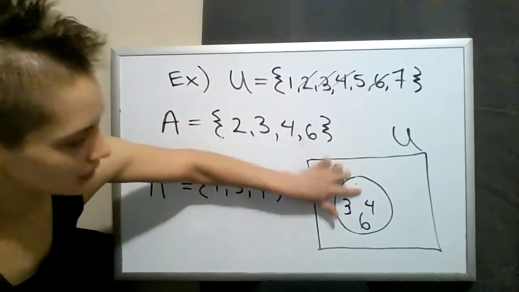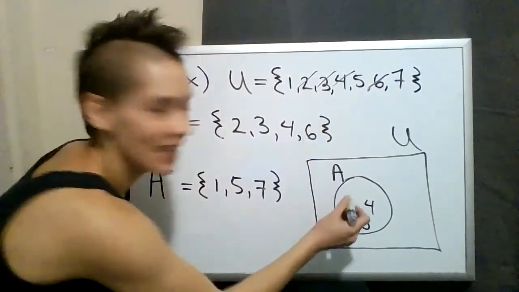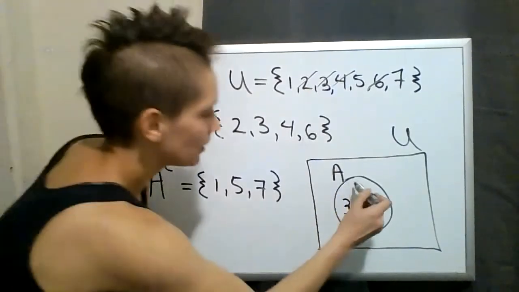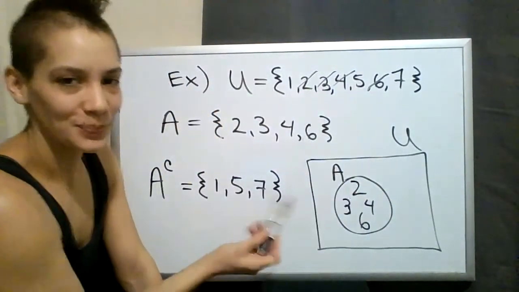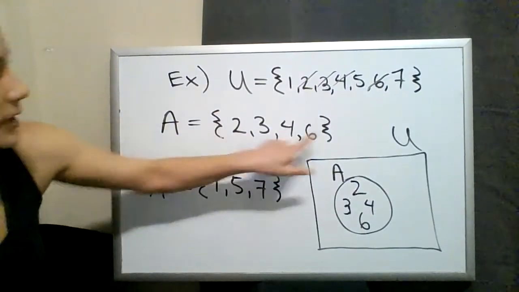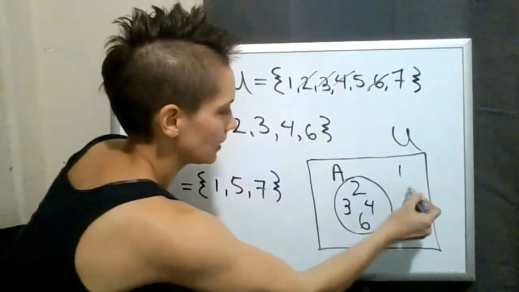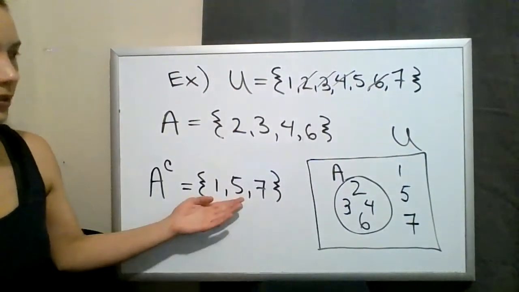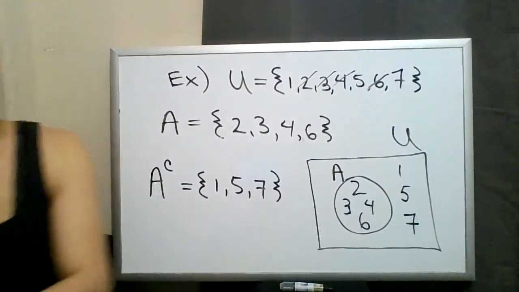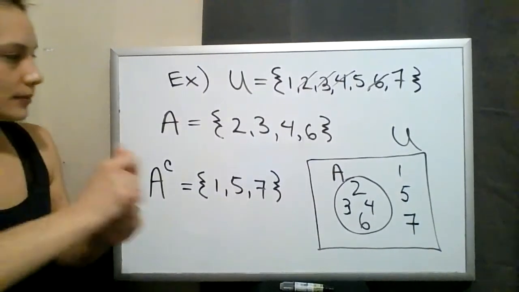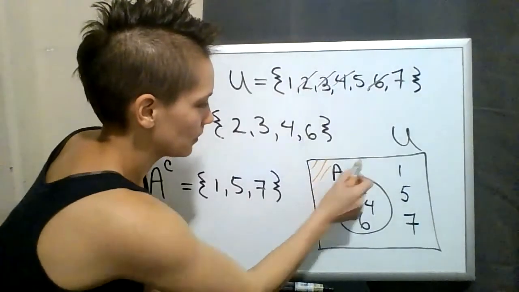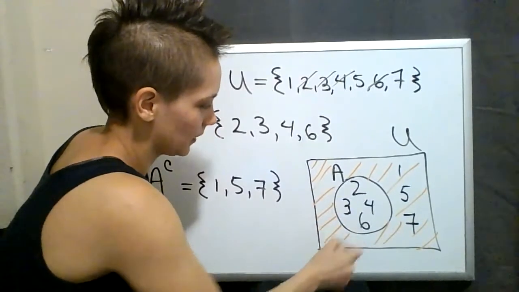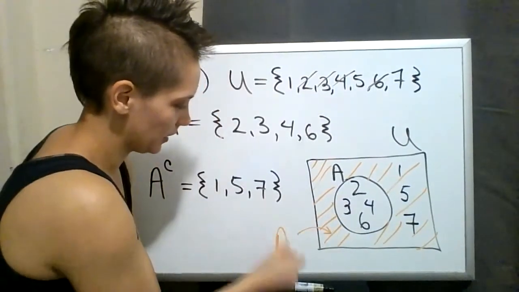If you ever notice a mistake, you could please share in the chat or just let me know. That way we can fix it together. 2, 3, 4, 6, and 1, 5, 7 on the side. Is A complement.